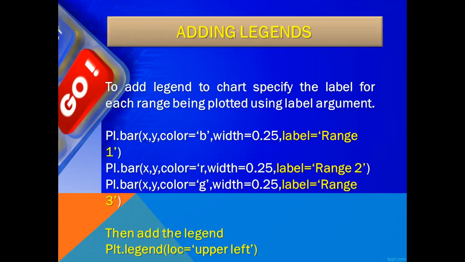Adding a legend. How to add a legend in a chart? You can add a legend to a chart by specifying the label for each range being plotted using the label argument.